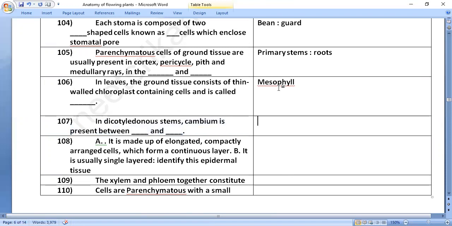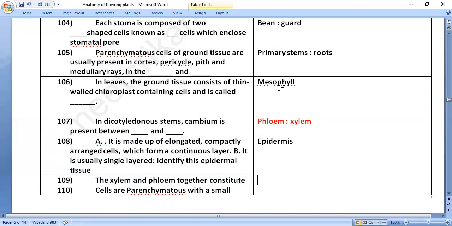In dicotyledonous stems, cambium is present between phloem and xylem. It is made up of elongated, compactly arranged cells which form a continuous layer, usually single layered. Identify this epidermal tissue: epidermis.